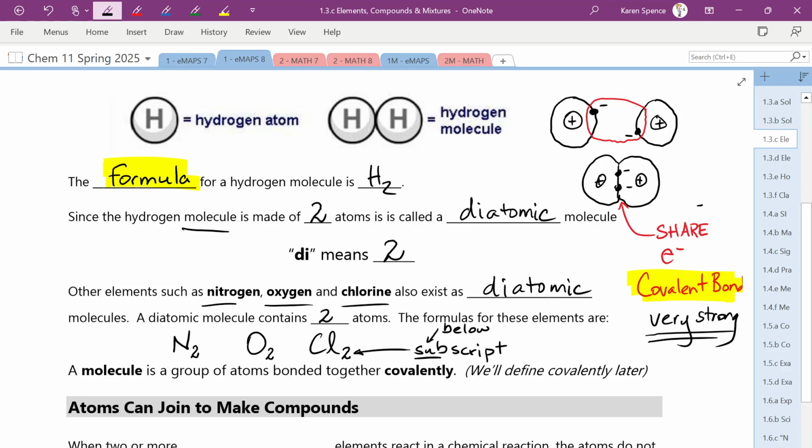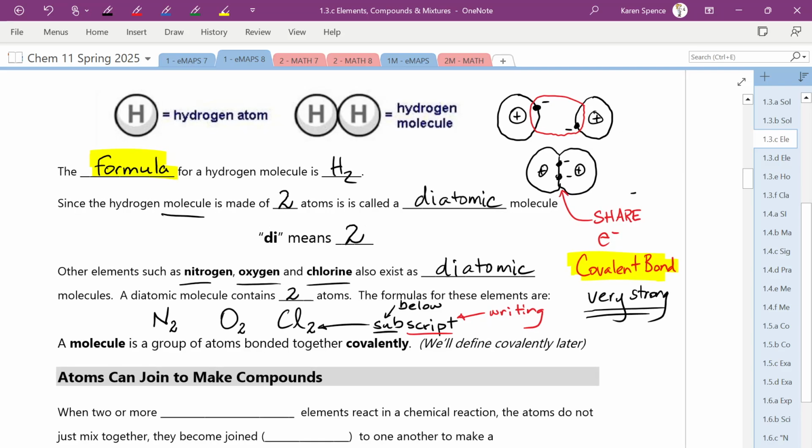Okay? What do you think script means? Writing. So subscripts go below the writing. So this is a molecule.